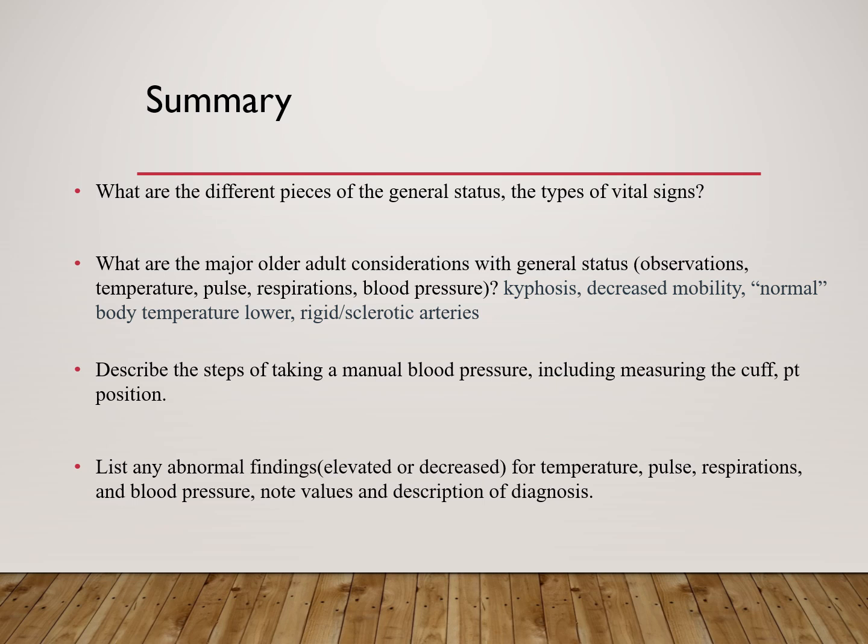Can you describe the steps of taking a manual blood pressure, including measuring the cuff and the patient position? And lastly, are you able to list any abnormal findings, including the elevation or the decreased temperature, pressure, respirations, pulse, and blood pressure, noting the values and the description of the diagnosis?